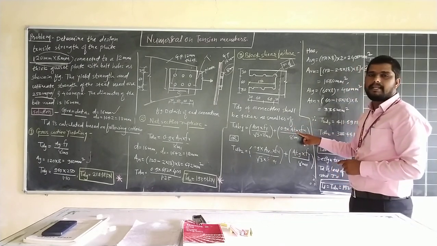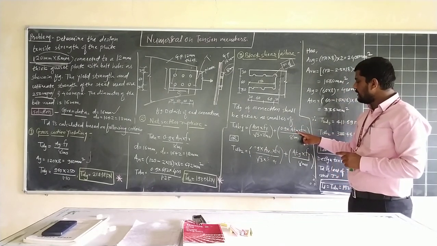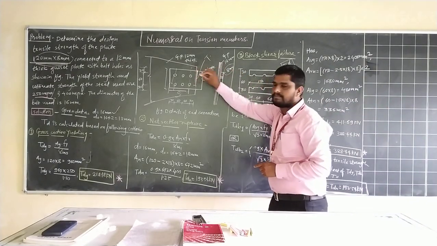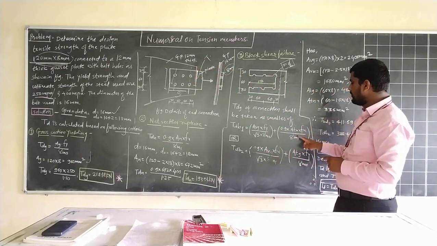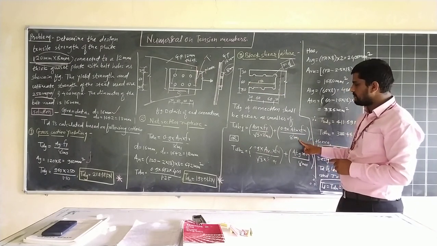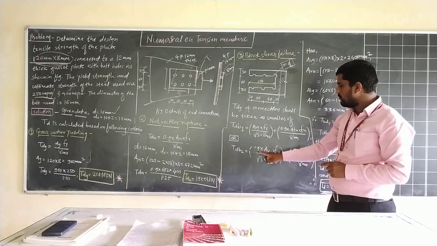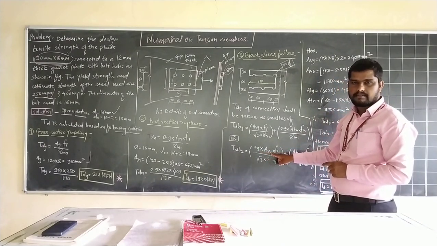Here ATN is the net tension area along the vertical plane, into Fu divided by gamma m1. Or TDB2 is equal to 0.9 into AVL.